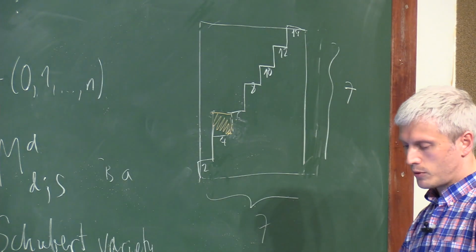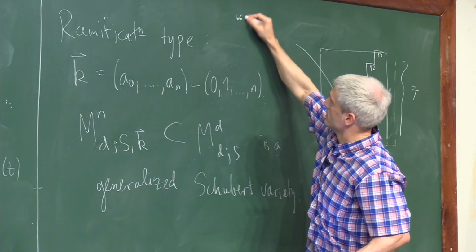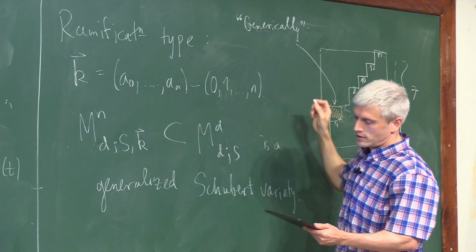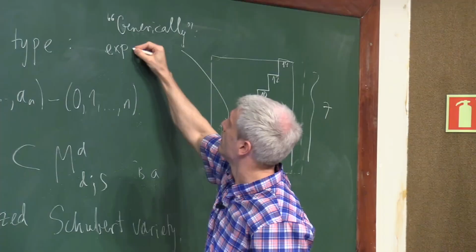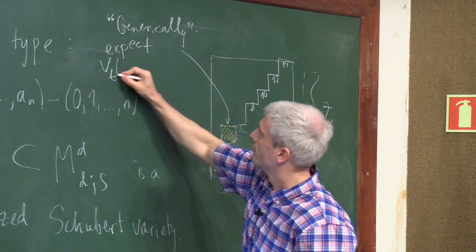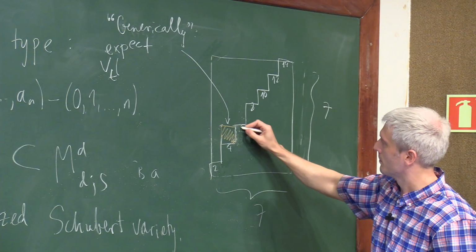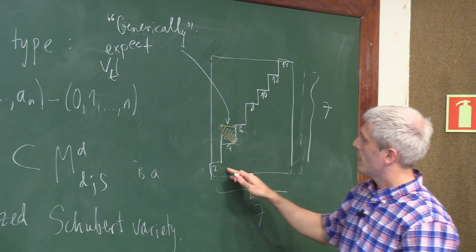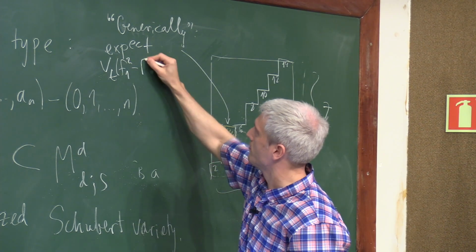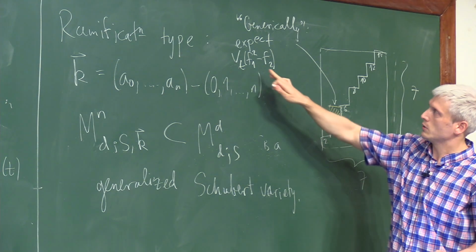The idea is the following. In the generic situation, you would expect the vanishing order of f1 squared minus f2, and here's what explains the convention, to be as follows.